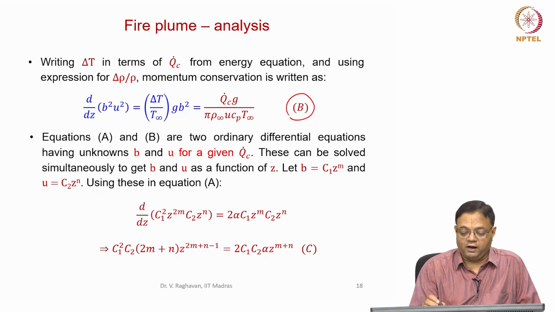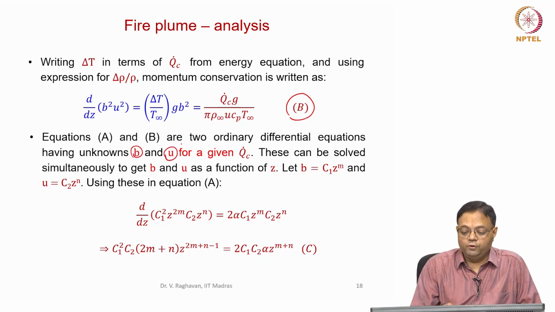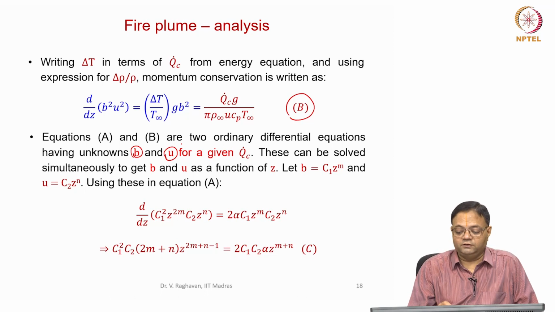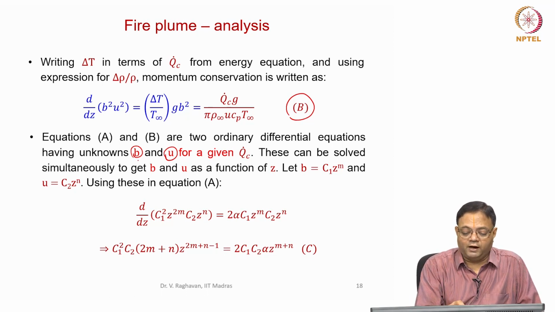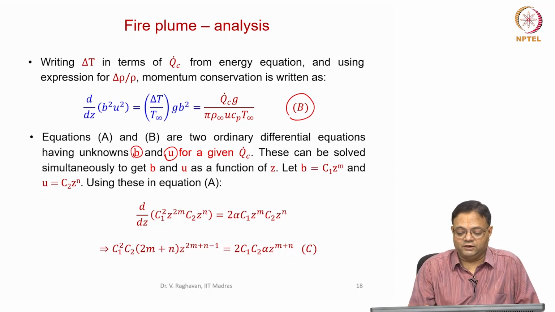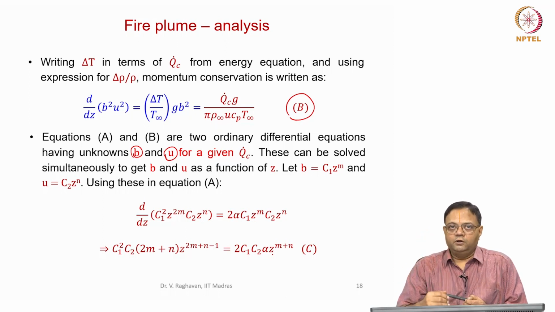So now there are two equations. Now the two unknowns are b and u. To solve this, we assume that along the z direction, so please understand that there is no variation of u or T with respect to the lateral direction, only along the height z direction these vary.